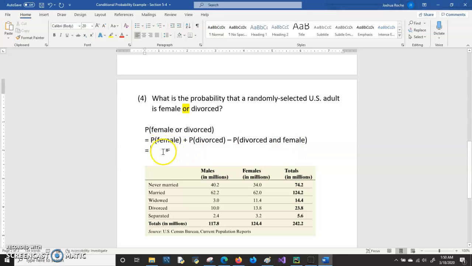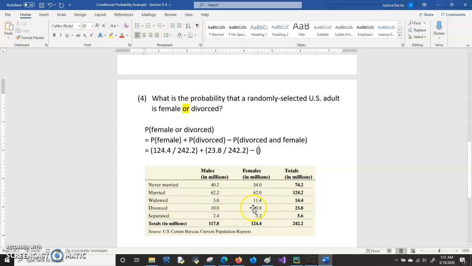So the probability that a person is female, which is the 124.4 divided by 242.2, plus the probability that a person is divorced, and so that's 23.8 divided by 242.2, minus the probability the person is divorced and female.